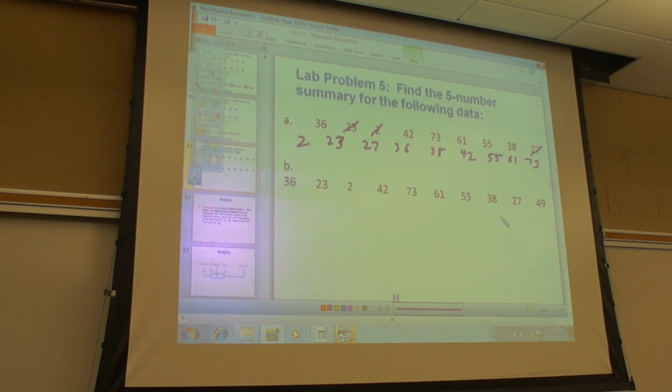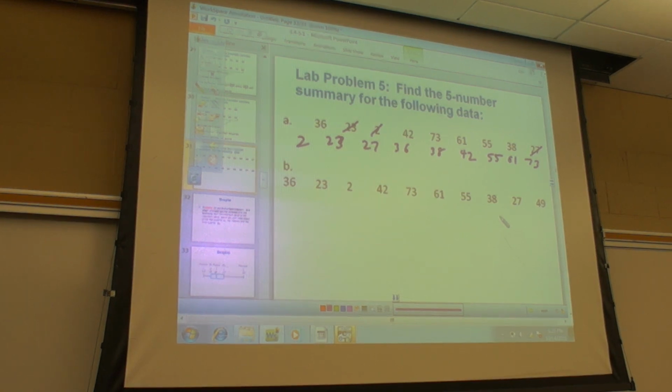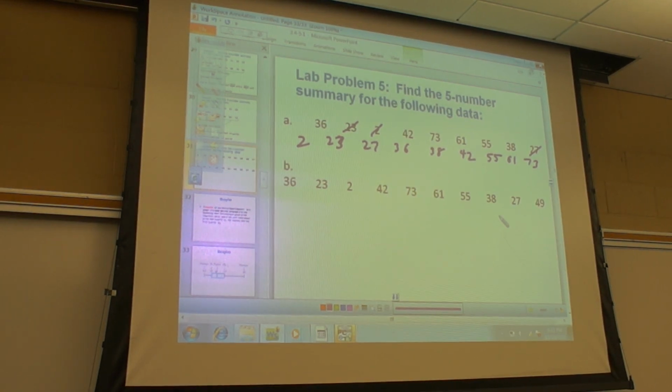Okay, so did anybody get? Wait, is that right? Good. All right. So here's my first half. I cannot split it perfectly in half, so I have to ignore the one in the middle. And I'm going to find the median of the lower half, 25. Median of the upper half, 58.